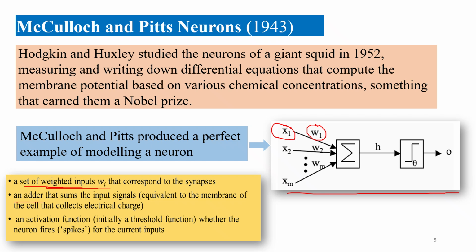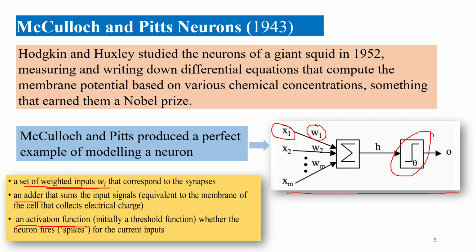And then we have an adder that sums the input signals, equivalent to the membrane of a cell that collects electrical charge. And then we have an activation function, which initially we can see is a threshold or a step function.